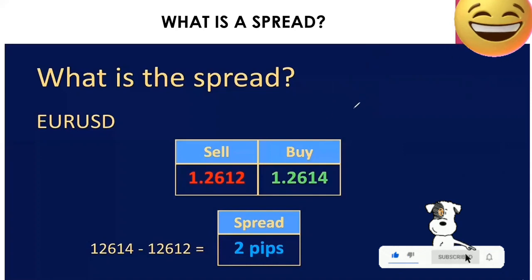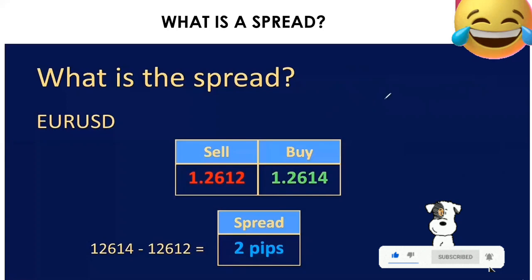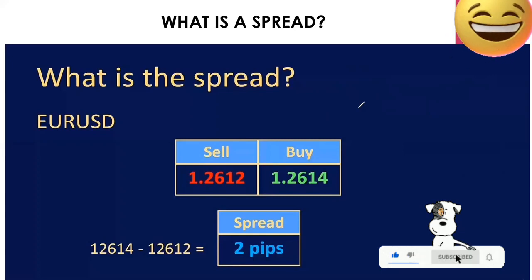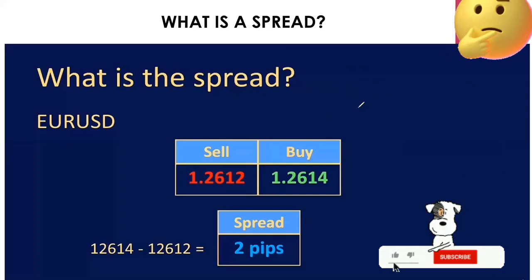Now, there are times that the spread will meet, so there is no spread, and there are times that the spread will be very big. Spread will always be very huge when it is close to the New York session close, when New York is going to sleep, because the weaker market, the Tokyo session, is just coming in.